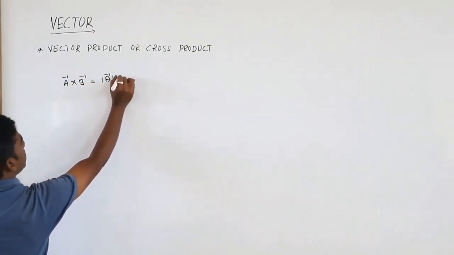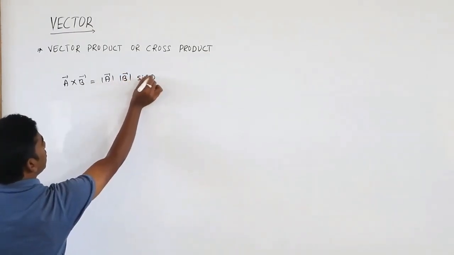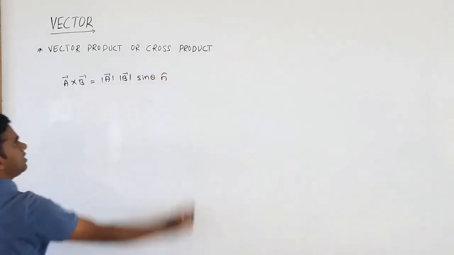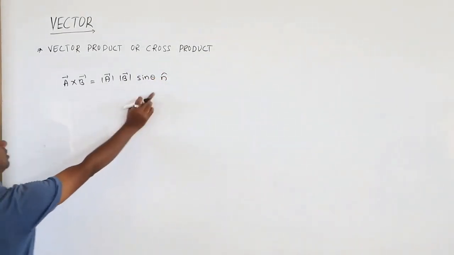Magnitude of vector A, magnitude of vector B, sine of the angle between them, then n cap. This is used when they have given the angle between them.